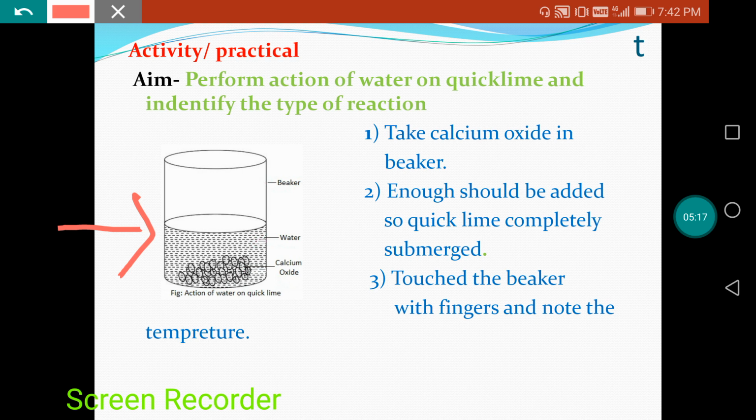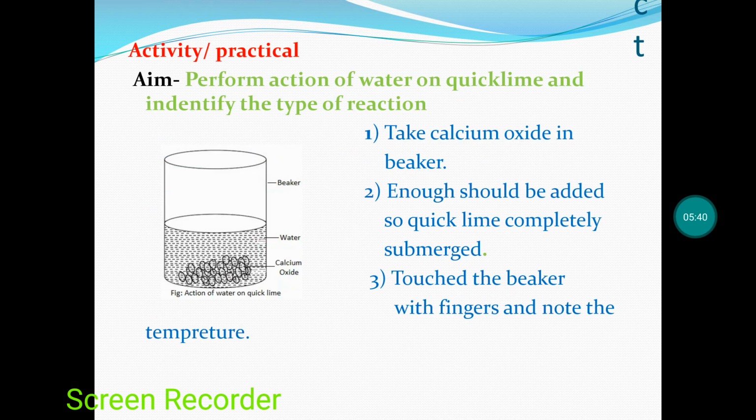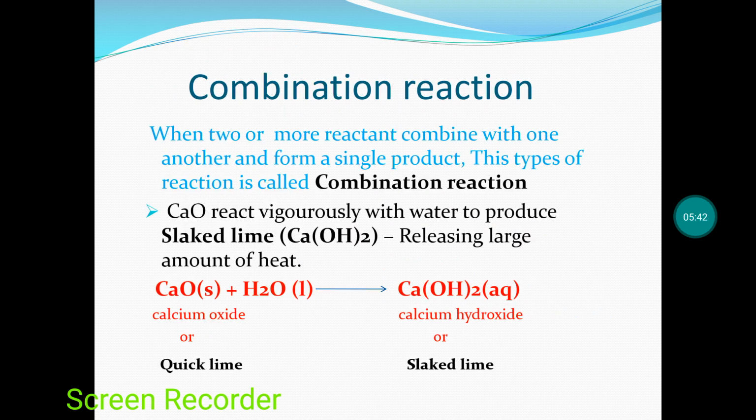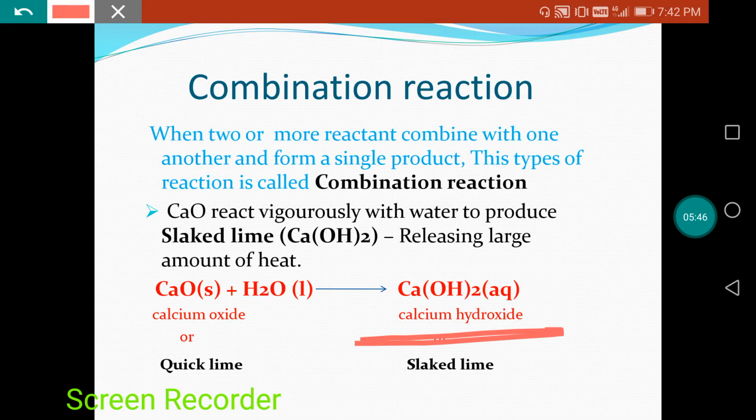When water is added to the quicklime, a suspension is formed. This suspension is of slaked lime, because of the formation of calcium hydroxide. The calcium hydroxide formula we saw in the last slide; see here, the formula of calcium hydroxide is given.